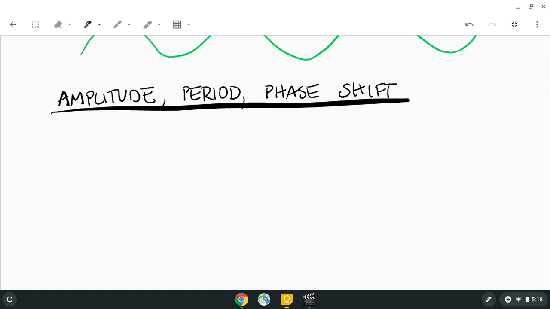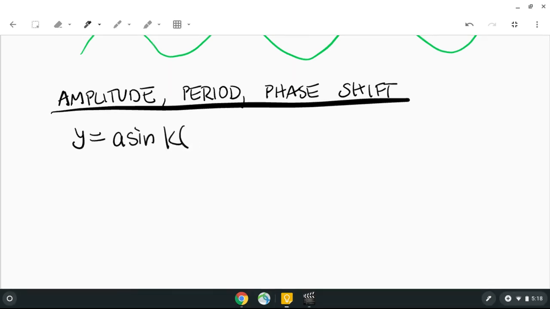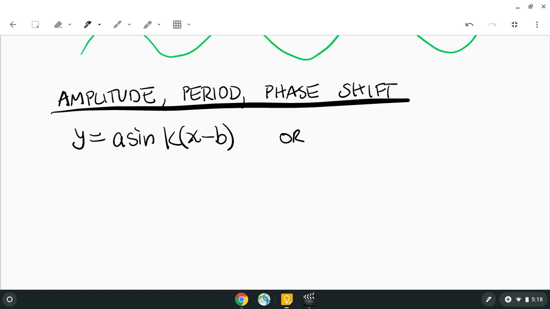So it's going to ask you questions like, what's the amplitude? What's the period? What's the phase shift? So let's talk about that, and then we'll wrap it up. Amplitude, period, and phase shift.